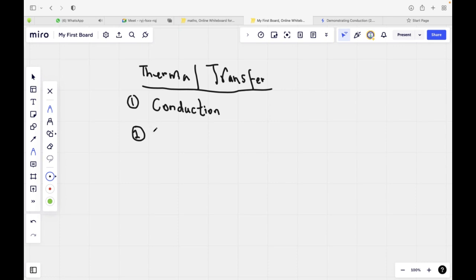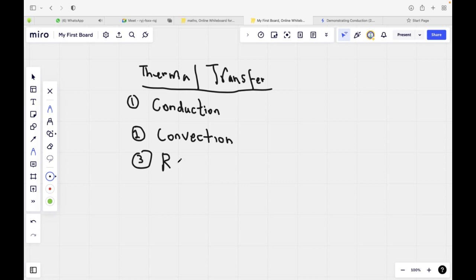The second one is convection. The second method of heat transfer is convection. We're going to explain these three in this class. And the third one is radiation.